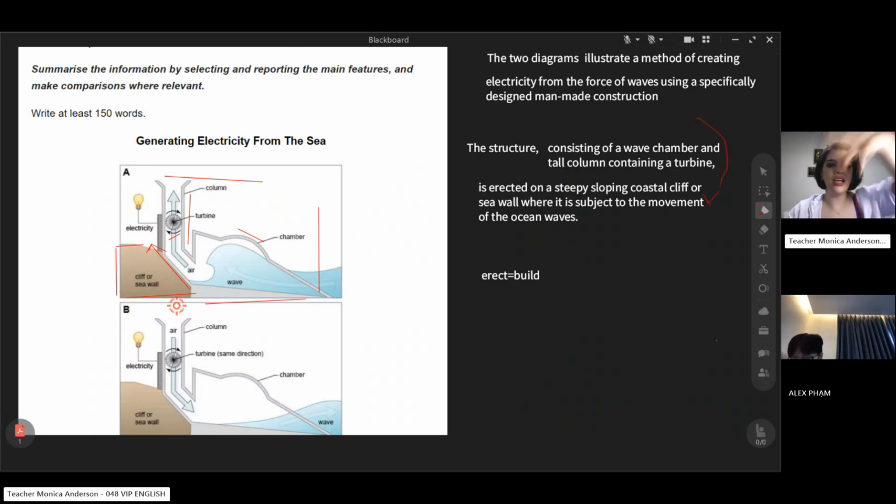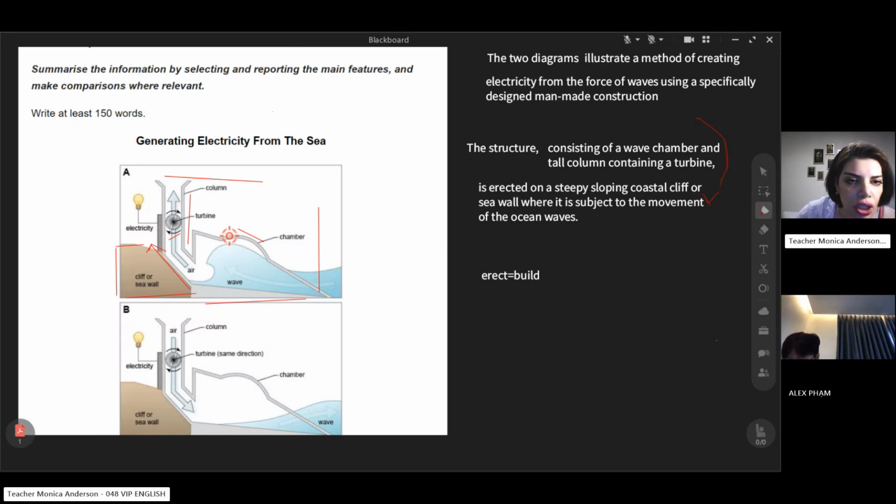Suppose it's actually rock, something like vertical, very steep vertical. So I only use some words where it is located, where it's built. So it's built on a steep sloping coastal cliff. Why do I say coastal?